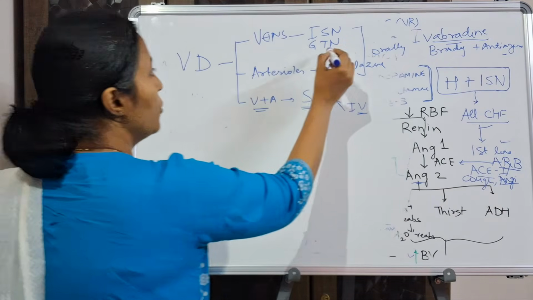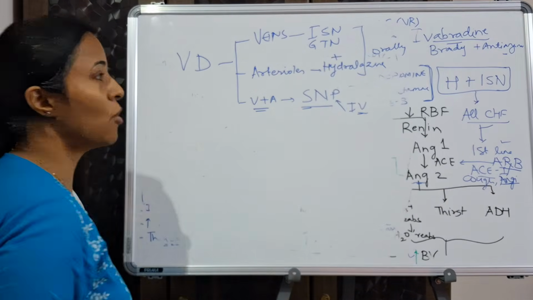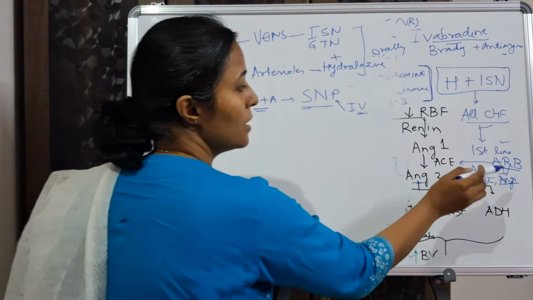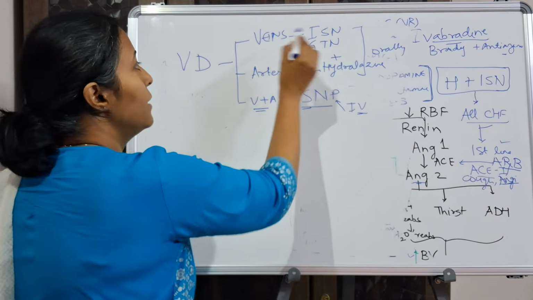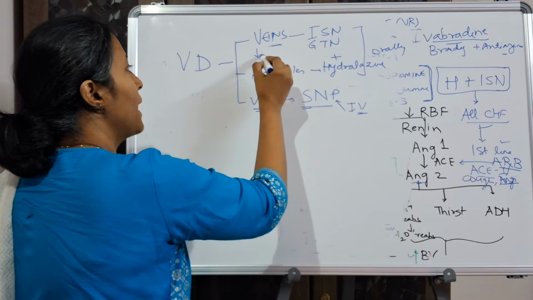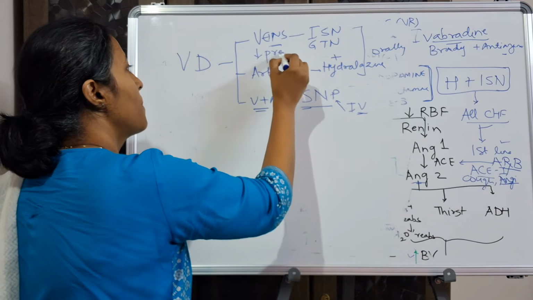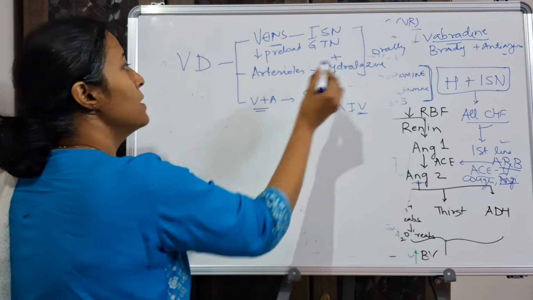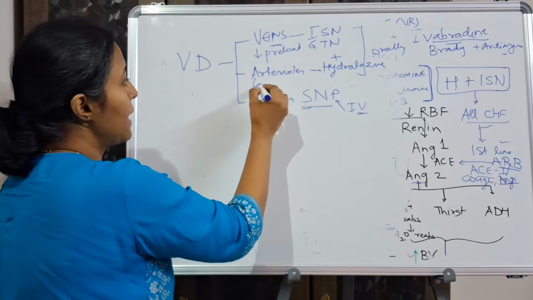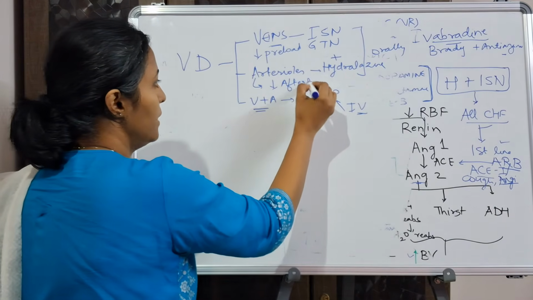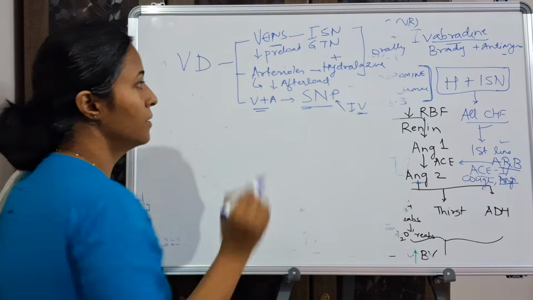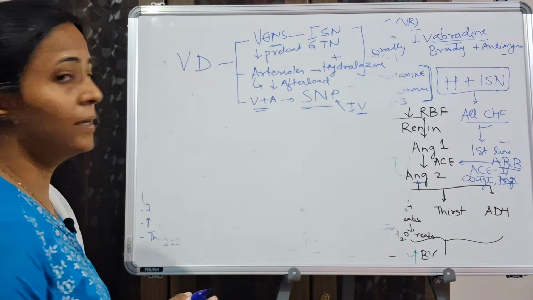So I have told you, glyceryl trinitrate plus hydralazine combination can be given in patients in whom ACE inhibitors are contraindicated. Nitrates dilate the veins, so they act by decreasing the preload. Hydralazine dilates the arterioles, so it acts by decreasing the afterload. Right? Fine.